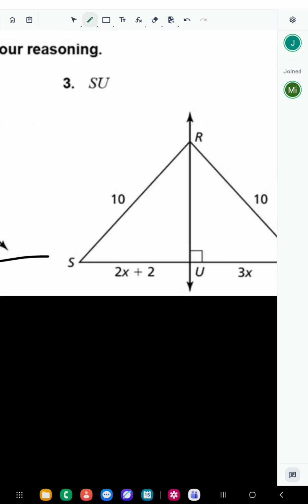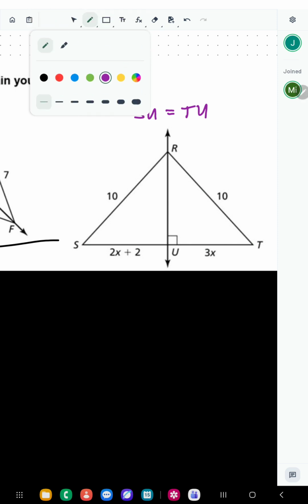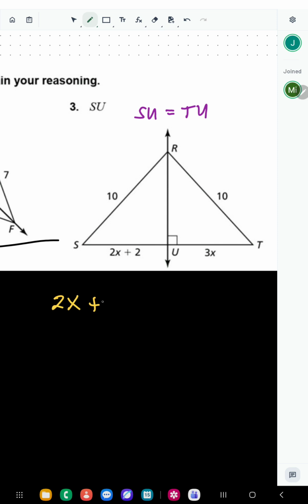That one is also a perpendicular bisector. Then SU. So this is SU equals TU, right? So we just have to equate, solve for x and solve for SU. Okay, we have 2x plus 2 equals 3x.